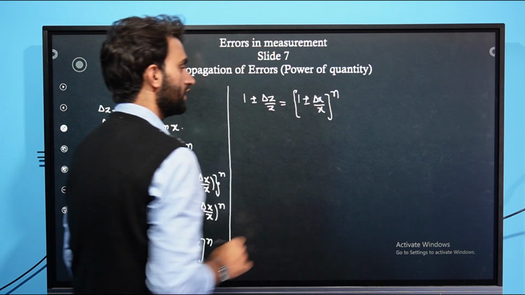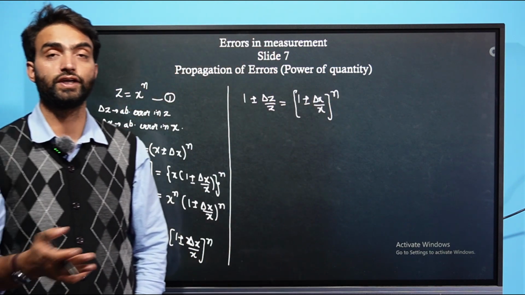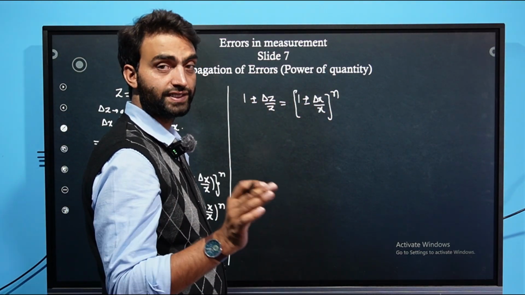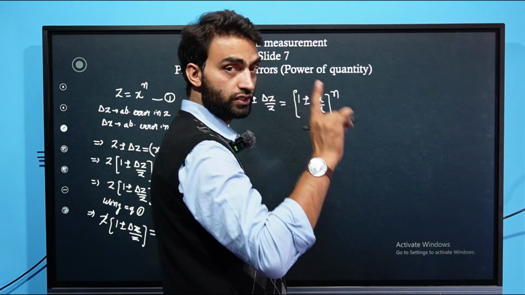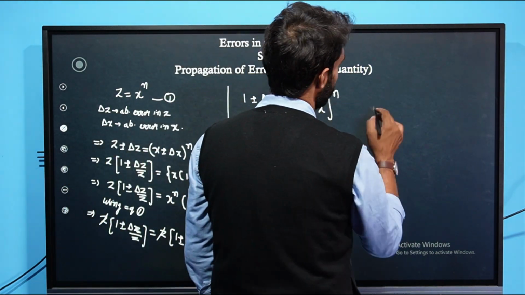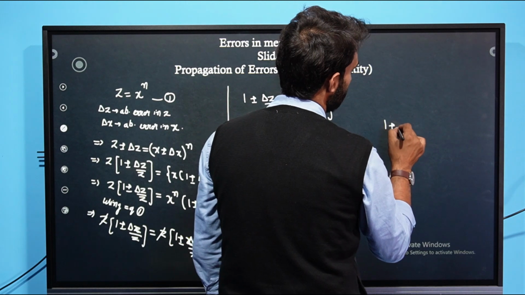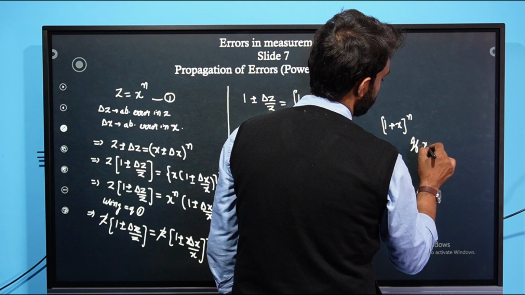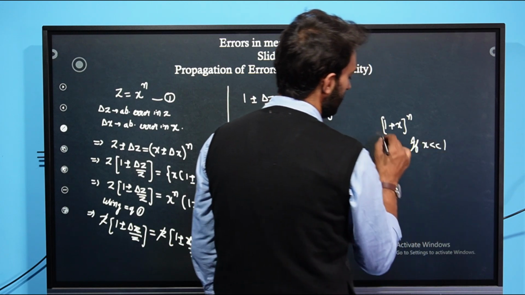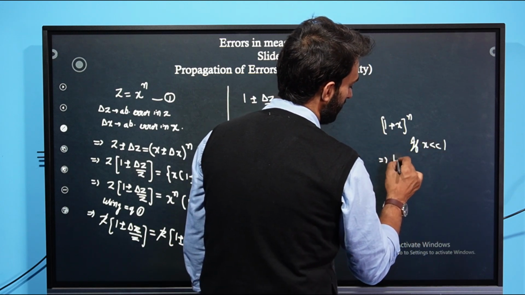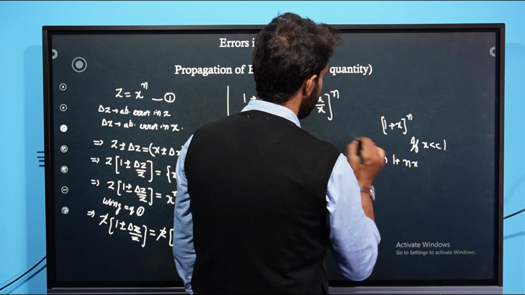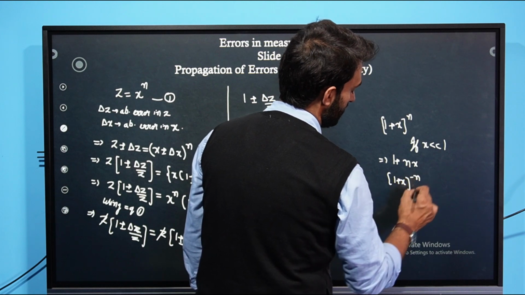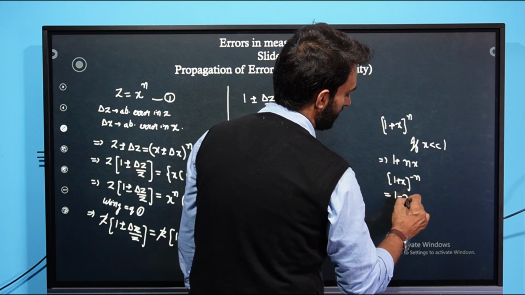Now this delta x is a very small quantity. When it gets divided by a bigger quantity, this term will take a value which is less than 1. So in that case we can use the binomial approximation. I will remind you again: 1 plus x raised to power n, if x is much less than 1, will be equal to 1 plus nx. Similarly, 1 plus x raised to power minus n we can write as 1 minus nx.